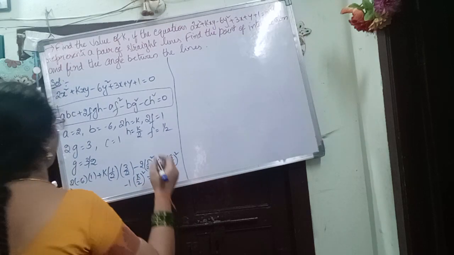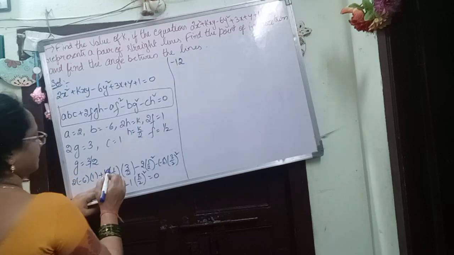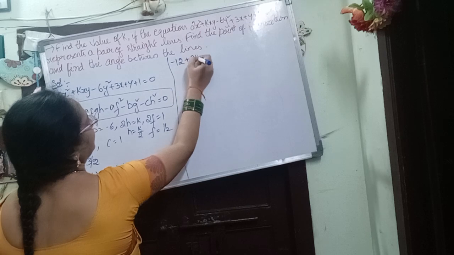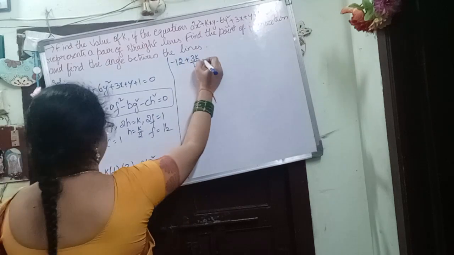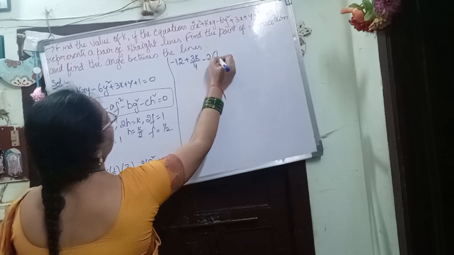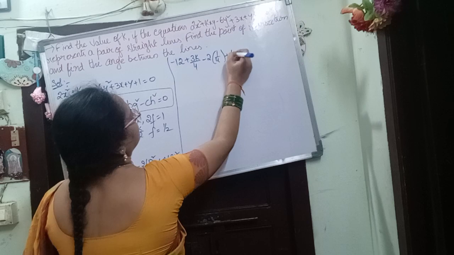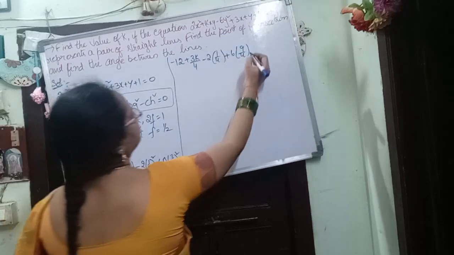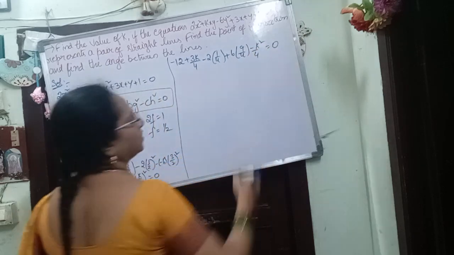Okay. So what you will get? Minus 12 plus 3 by 4. That is plus 3k by 4. Next this becomes minus 2 into 1 by 4. This becomes plus 6 into 9 by 4 minus k square by 4 equals 0.